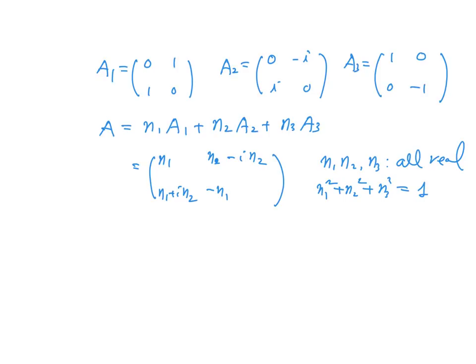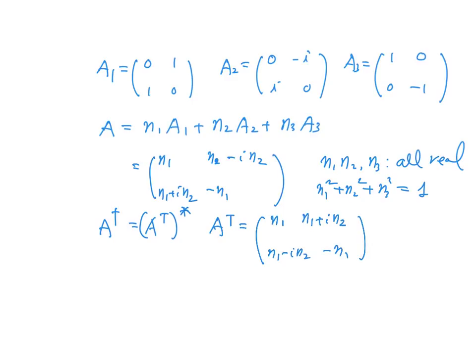So the first question was whether this is Hermitian or not. Hermitian means you have to take the adjoint, which is transpose and complex conjugate, right? So we can take the transpose first. Then you just replace the row by column, so it becomes n3, n1 plus i n2, n1 minus i n2, minus n3. And if we take the complex conjugate, what happens?